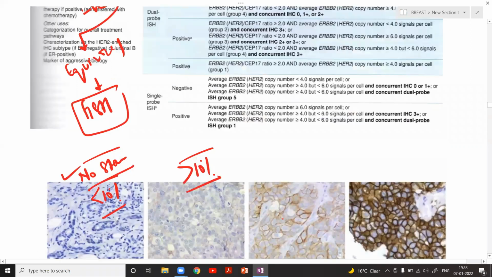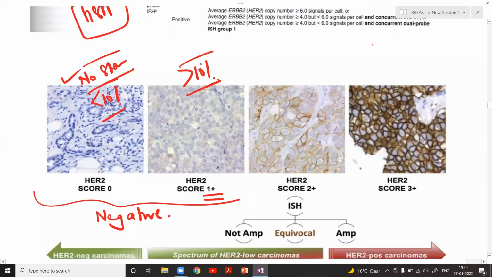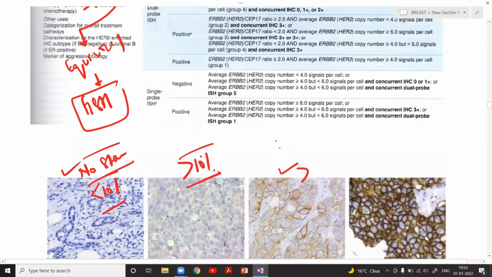Now the score 2 plus. What is score 2 plus? You have weak to moderate, but complete membrane staining observed in more than 10% of the cells. So the term is that it should be complete, and it should be weak or moderate staining. Complete but weak or moderate.